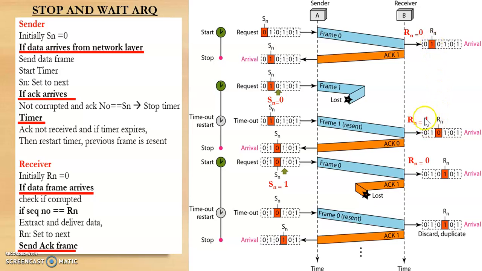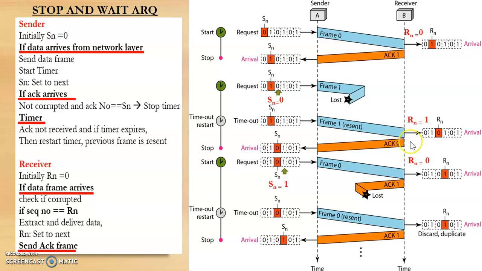Since the sequence number is equal to Rn, the data link layer will extract the information and deliver the data to the network layer. Once the data is delivered, Rn will be set to the next number. Rn was 1, so now Rn will be 0.